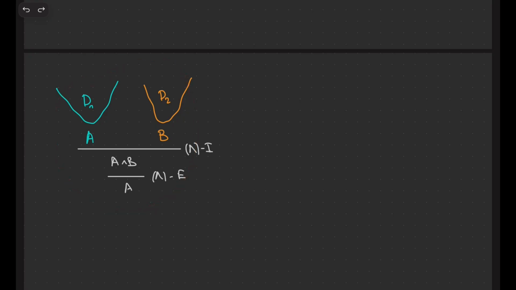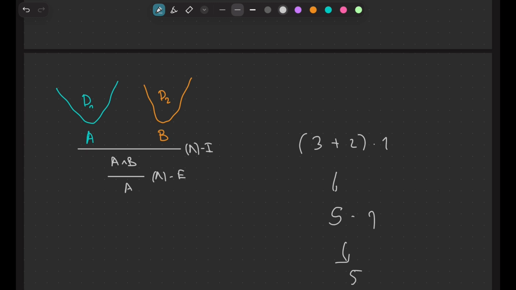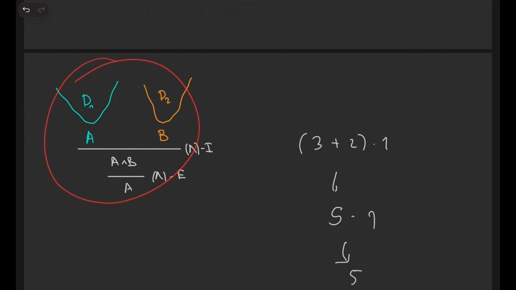This proof computes into something simpler, and step by step, you do more and more calculations, in the same exact sense that when you're a child and want to do something like 3 plus 2 times 1, this is not fully evaluated. There's computation to be done. So in one step, it will become 5 times 1, and then in the next step, this will become 5. So this thing here is like this. There's further computation to be done there.